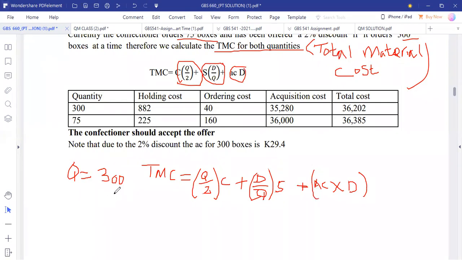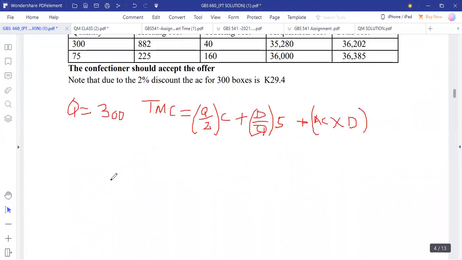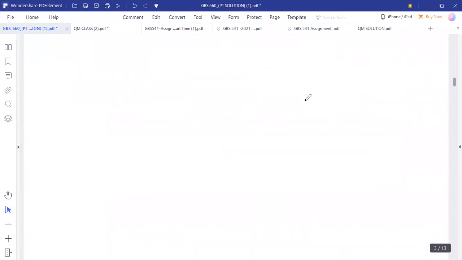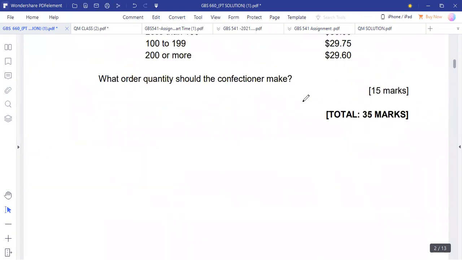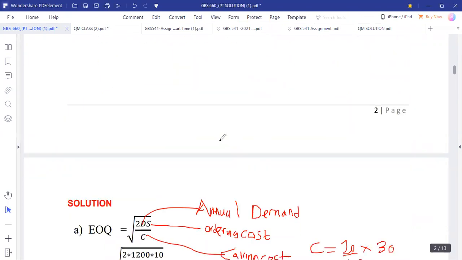Now at Q 300, there's a discount on the unit price. So that's a 2% discount. We are supposed to be buying each box at $30. In this case, they have told us that if you are buying in bulk, they are giving us a discount of 2%.